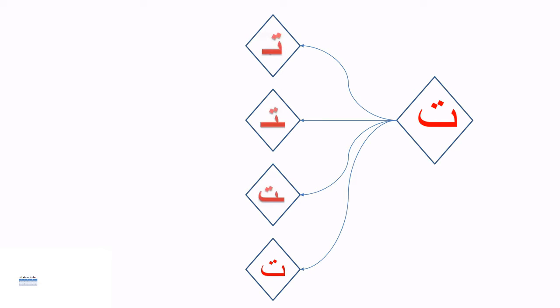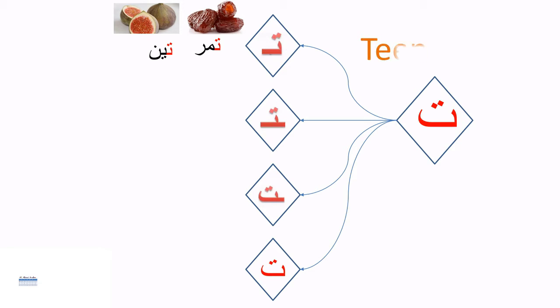So let's see in the first example where harf ta is in the beginning of the word. We have tamr. Tamr actually means dates. So dates is a very famous fruit in many Arab countries. We have teen. Teen means figs. And taj.